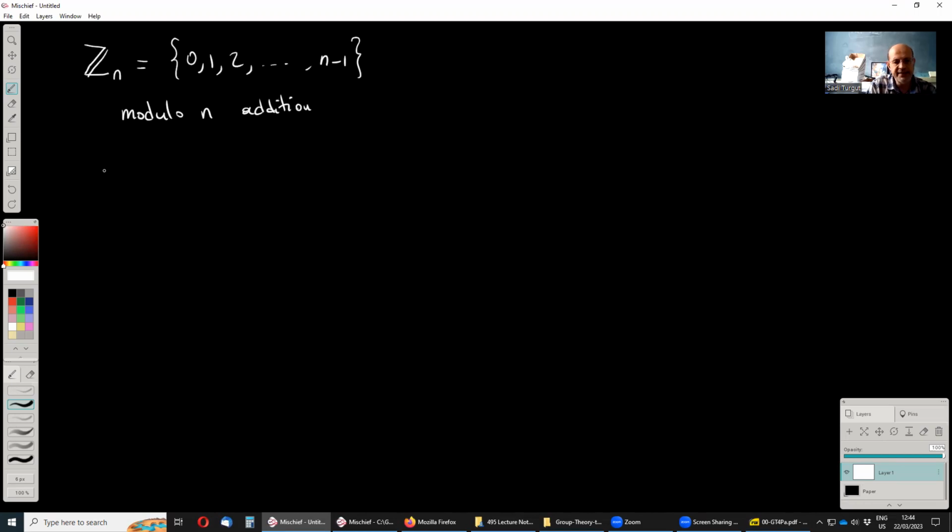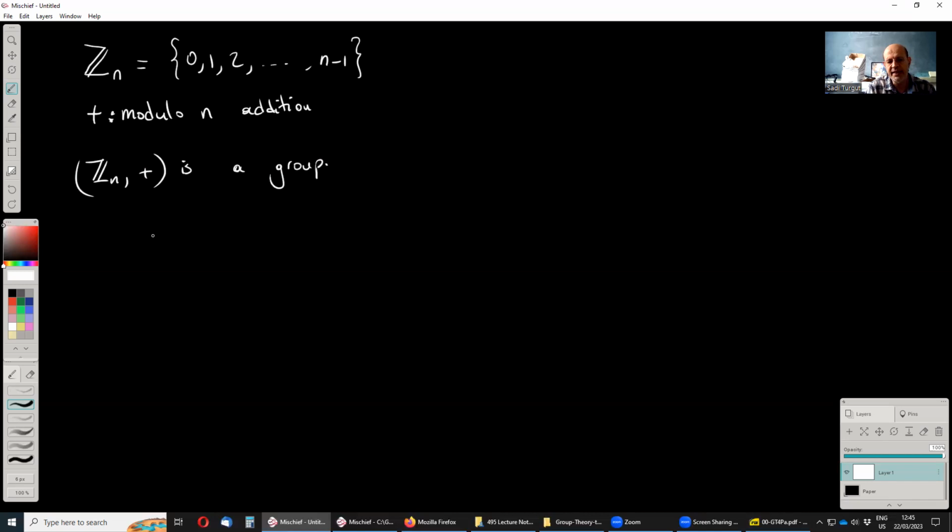So this Zn is therefore a group, a group of n elements. Sometimes the addition is shown with a plus sign like that, but in any case, I'm just going to use plus in here. So that's the modulo n addition. In any case, this Zn together with this plus operation is a group.